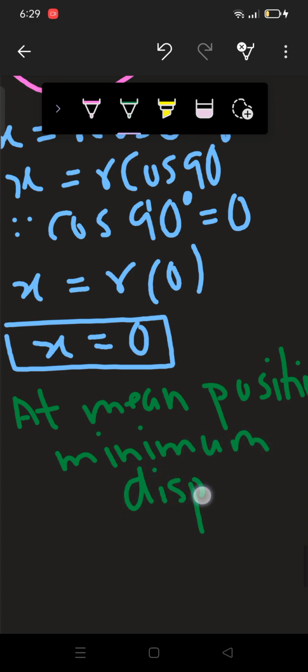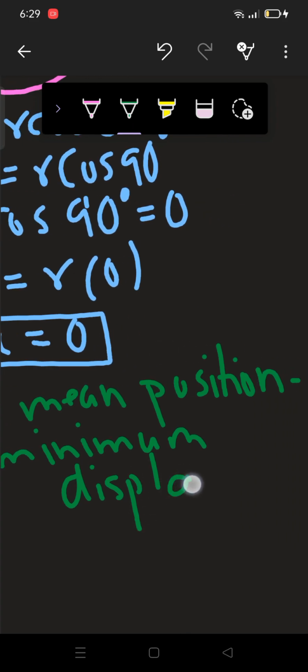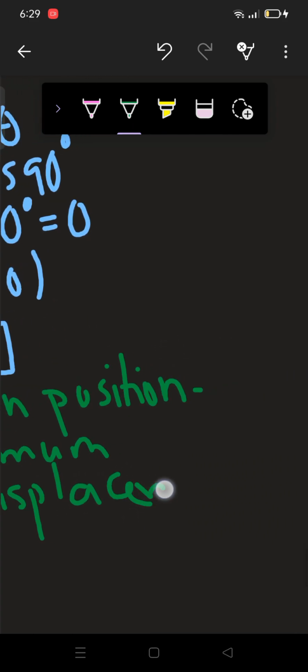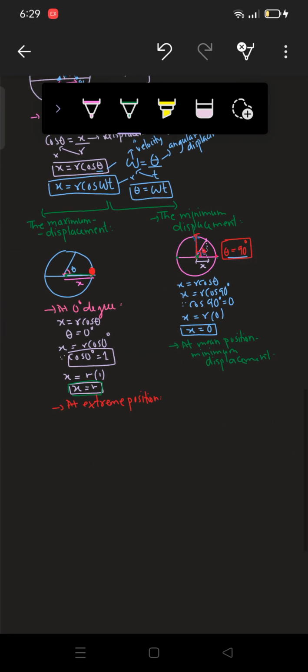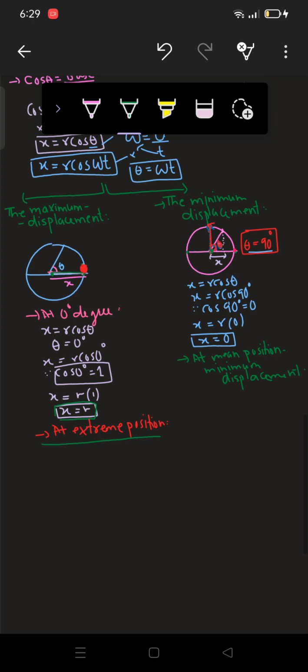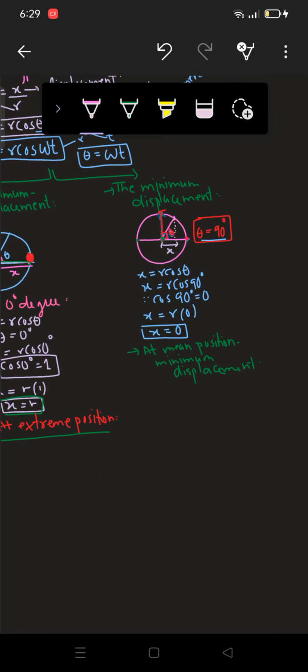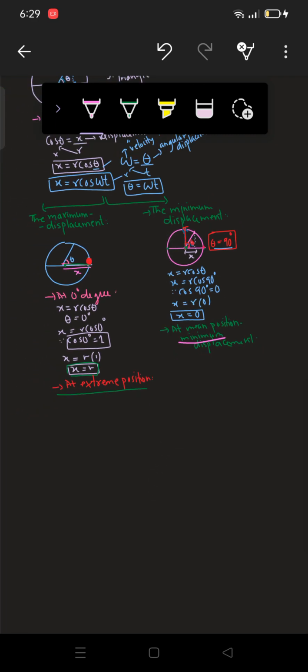We're going to discuss three cases: first, the one we are discussing right now, uniform circular motion and simple harmonic motion; second, the mass spring system or Hooke's law; third, the simple pendulum. In all three cases, the maximum displacement would be at the extreme position and the minimum displacement would be at the mean position. Why is it so?